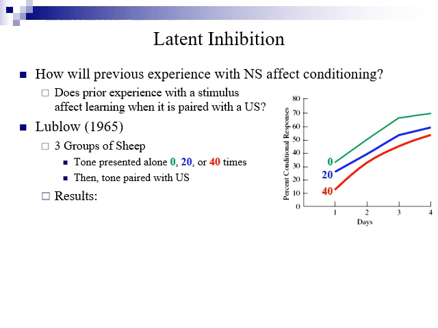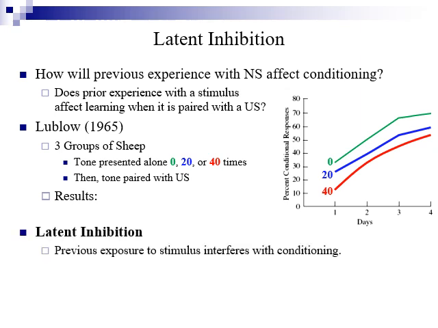So in other words, when the tone was presented without shock, essentially we might say that what the sheep were learning is that the tone was unimportant. It didn't predict anything. When the tone did start to predict something during the conditioning trials, the sheep had to learn that this thing that never was important now is.